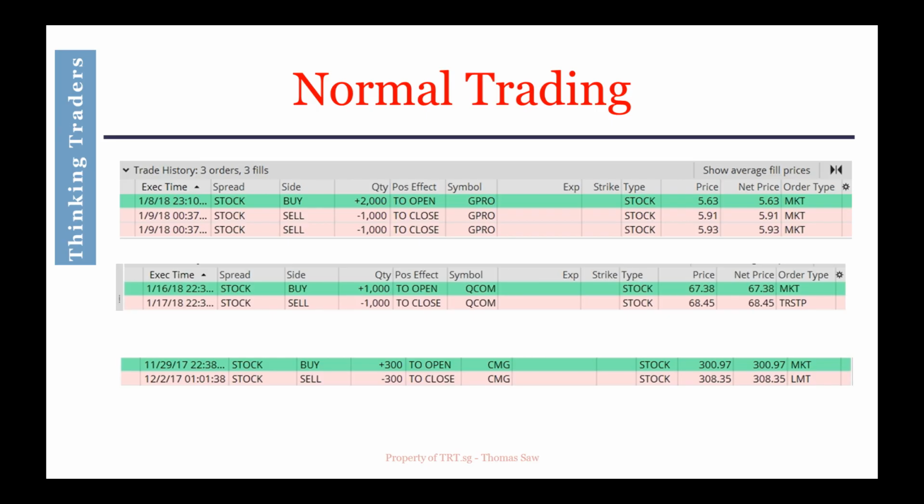So before we go further, let me run through some examples of normal directional trading. Here are some examples with US shares. US shares trading, you can use CFD to trade, but whatever it is, it's going to be expensive. Like here, $5.63, 2,000 shares. It's not very much, about $11,000, $12,000.